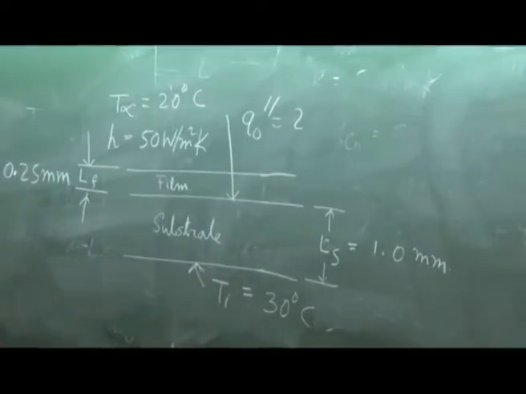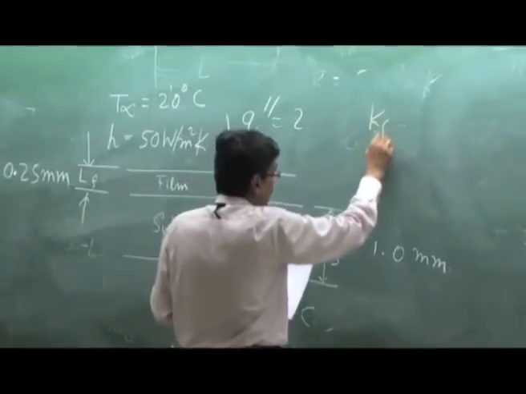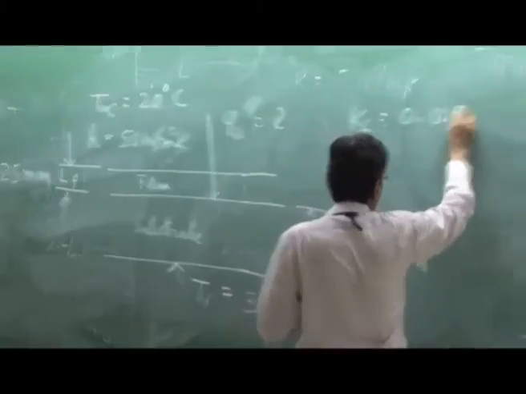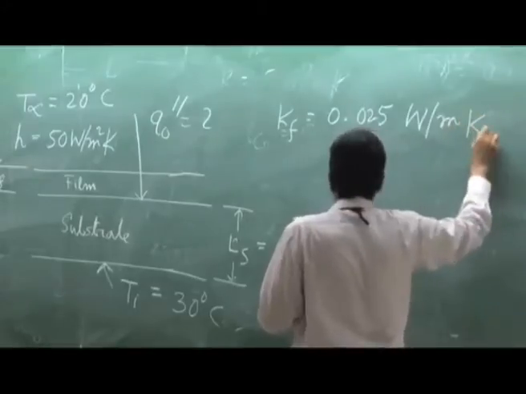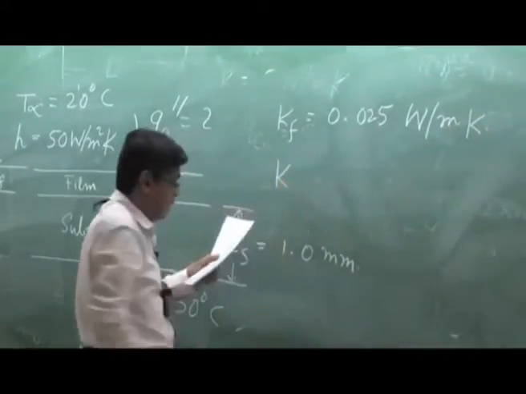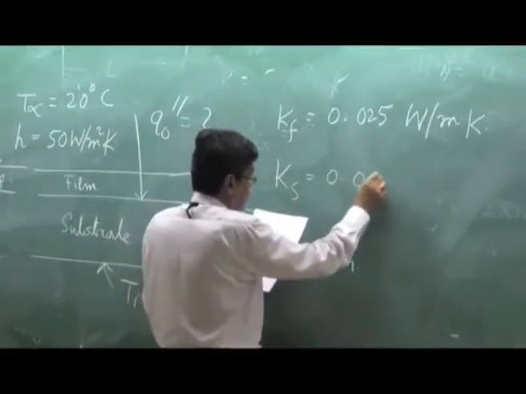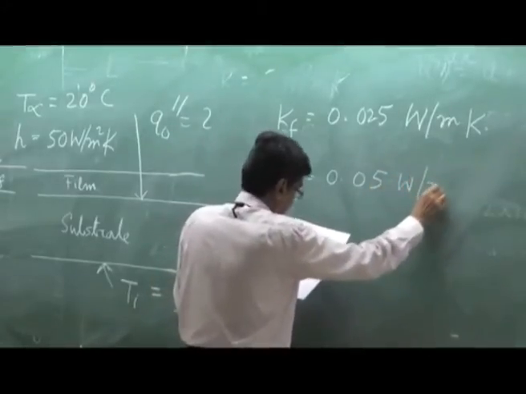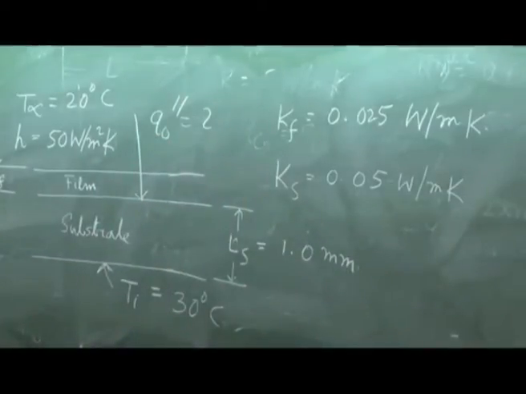What else is required? K. Thermal conductivity of the film, Kf, is given as 0.025 watt per meter K, and Ks is equal to 0.05 watt per meter K. So these are the values given, and we have to solve this problem.